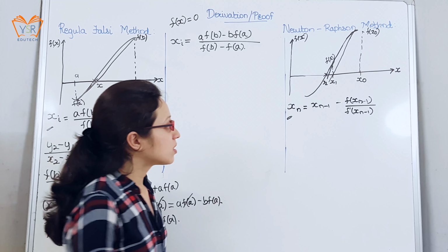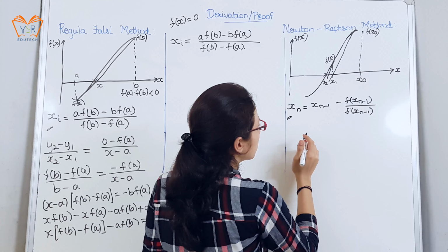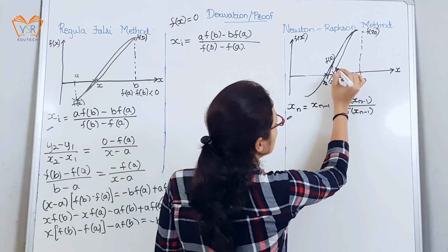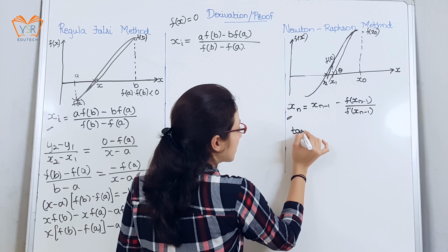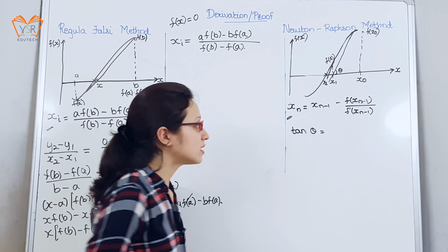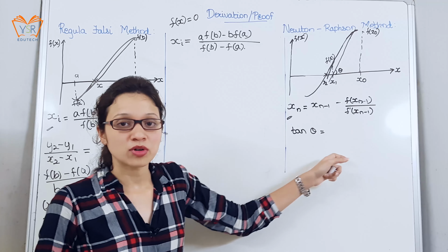So this is the formula. Let us find the proof of this formula. Now consider this triangle. We can write tan theta is equal to, we know that tan theta is the opposite side upon the adjacent side.